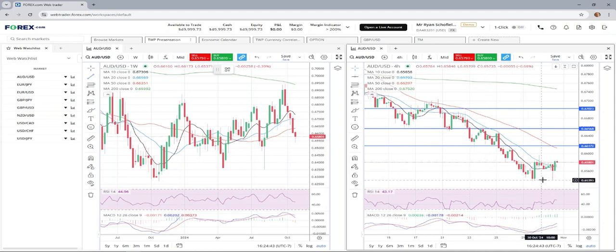Okay, and even here with these tests down here, right here we haven't put in a lower low yet, but we're already getting a higher low. So even if we did break lower here, I really can't see this coming down and putting in a new lower low. So more than likely, this may be a double bottom type of reversal pattern. I'm not interested in trading that.